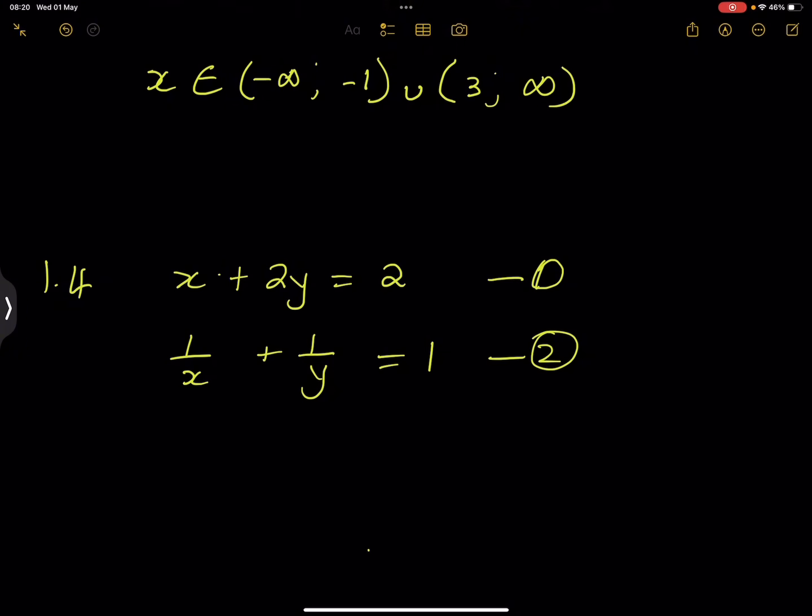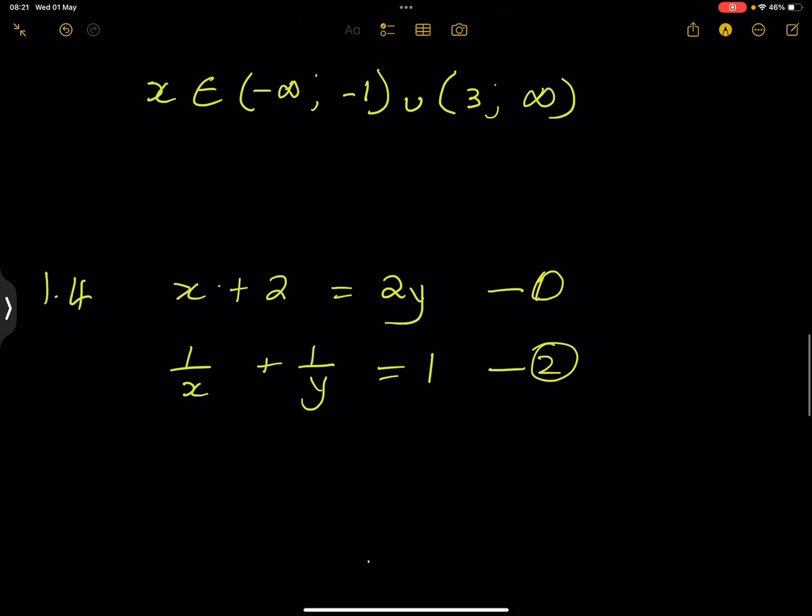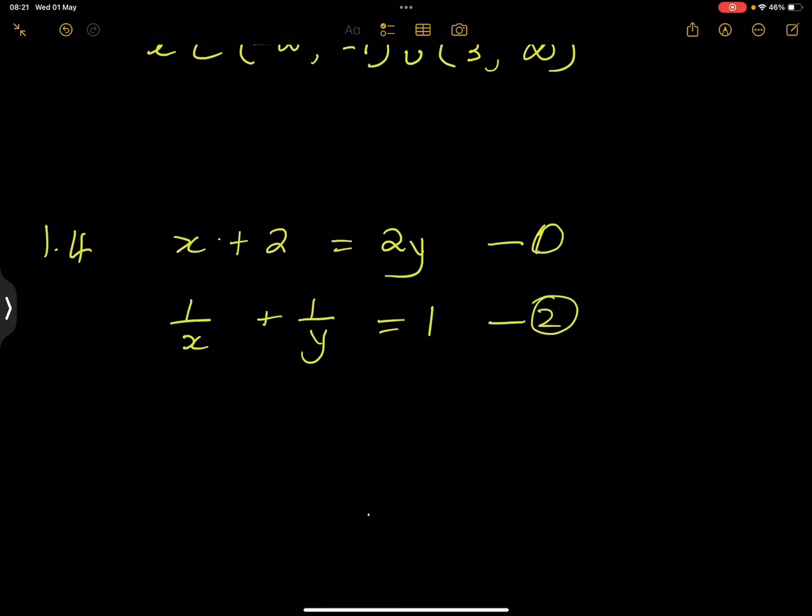Now, from equation 1, please always keep in mind, ladies and gents, that what I ought to do is try to simplify the equation as much as I possibly can. So if I'm given x plus 2y equal to 2, let's make this, actually it's x plus 2 equal to 2y. Sorry about that. x plus 2 equal to 2y.